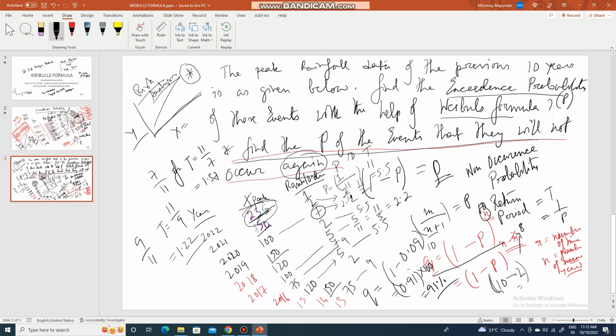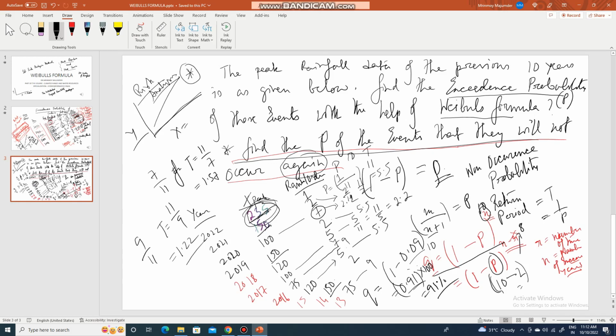This term is 1 minus P to the power n minus r. Here P, we have already found out, is around 0.09. P means the probability of this event, 235. Then we deduct that 0.09 from 1 and we get 0.91.